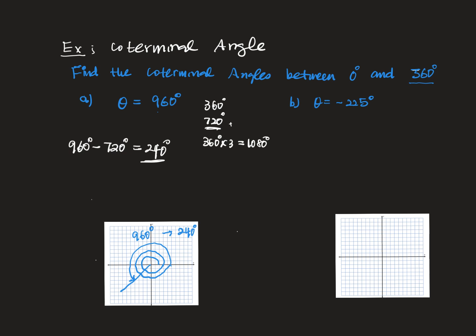So you take negative 225 and add 360, which gives 135. So 135 and negative 225 are coterminal, meaning the initial side and terminal side are the same. This is a positive 135, and negative 225 goes the other direction. Here is negative 225.